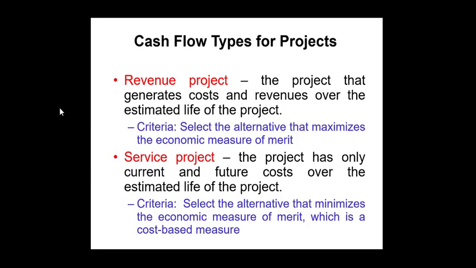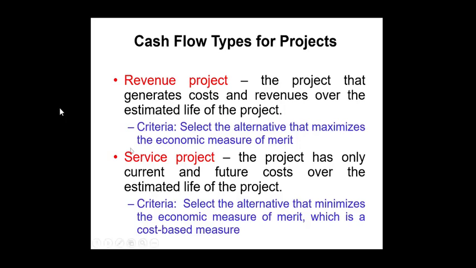That is a revenue project. Regarding revenue projects, the criterion to select a project is to select the objective that maximizes the economic measures of merit. That means we decide to invest when the project makes the maximum economic profits.